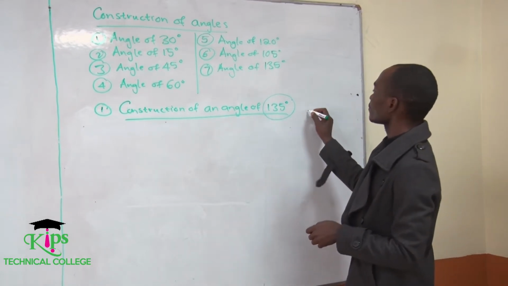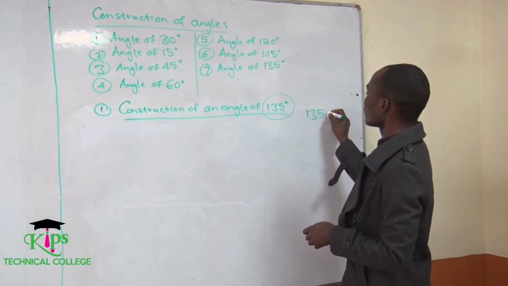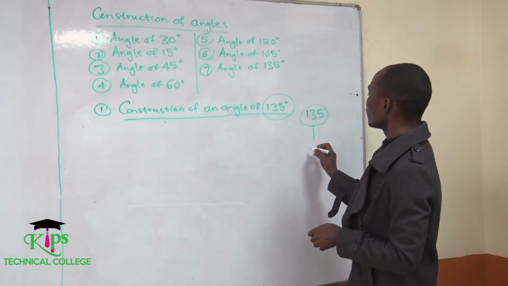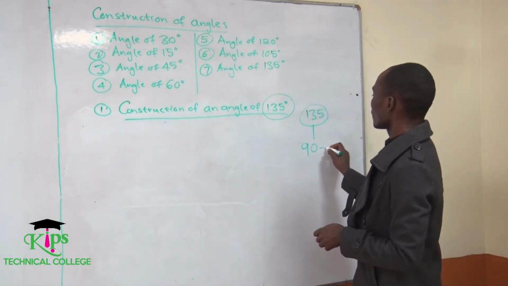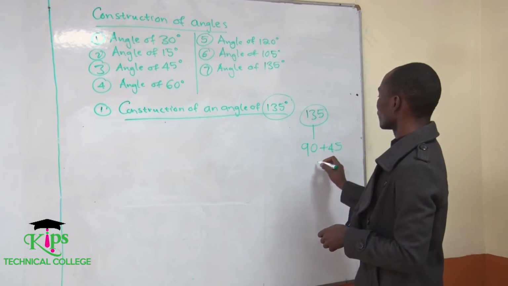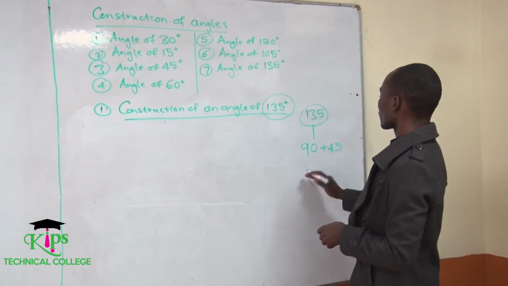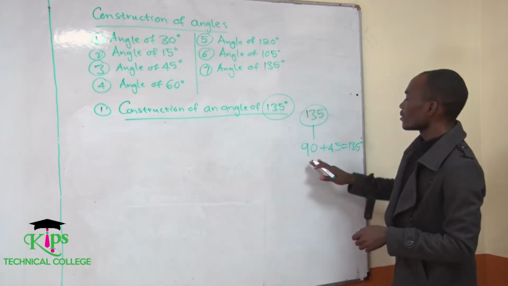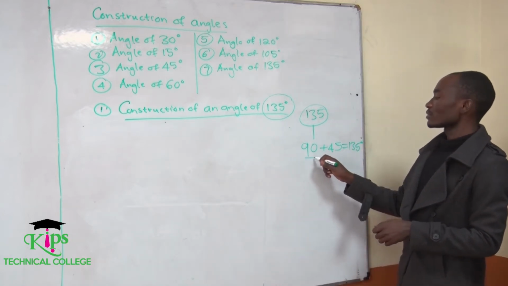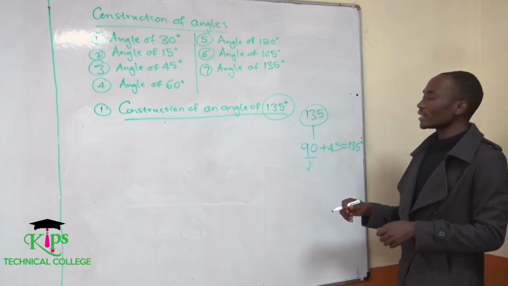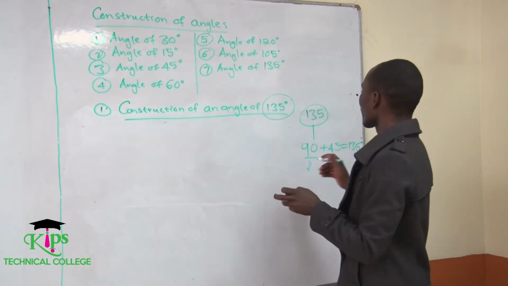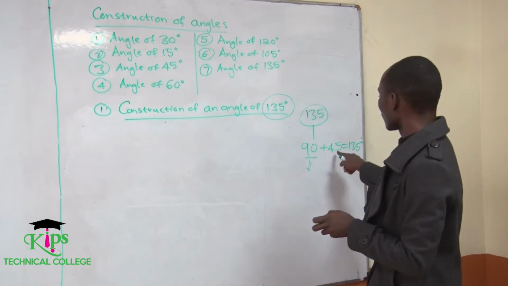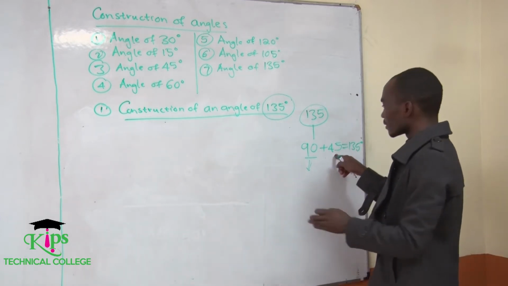To get 135, you add 90 plus 45. So first of all, we construct an angle of 90 degrees, and again we construct an angle of 45 degrees.